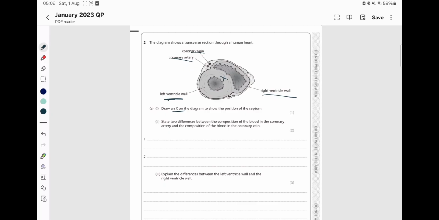So this is the blood going to the heart muscle. Okay, the heart muscle is the pump that pumps the blood around your body. So obviously that blood going to feed the muscles of the heart is going to be oxygenated blood. It's going to have a high oxygen content because we want to do aerobic respiration, because our heart is a muscle and we want it to keep pumping. So obviously the blood that is going to get to it needs to be fully oxygenated, or it needs to have high oxygen content.